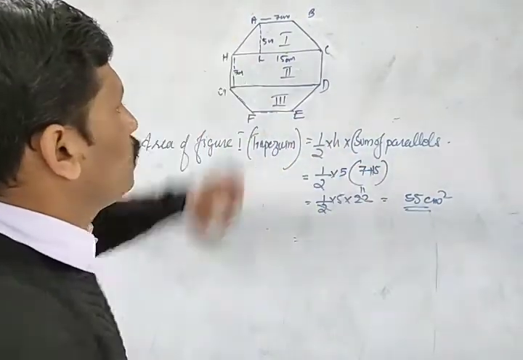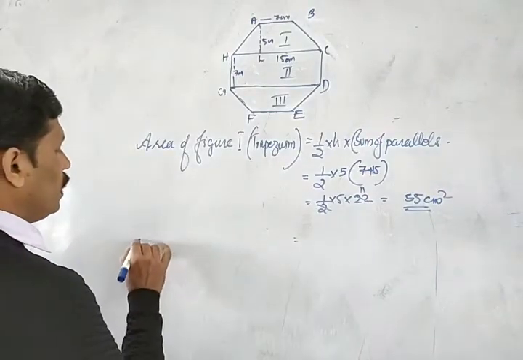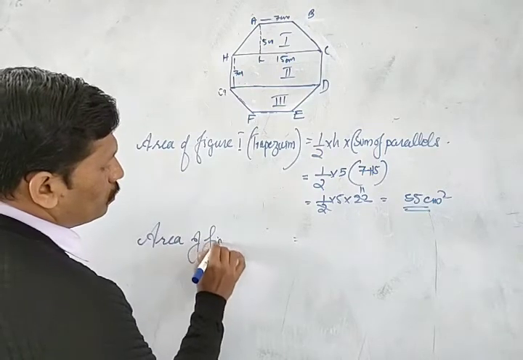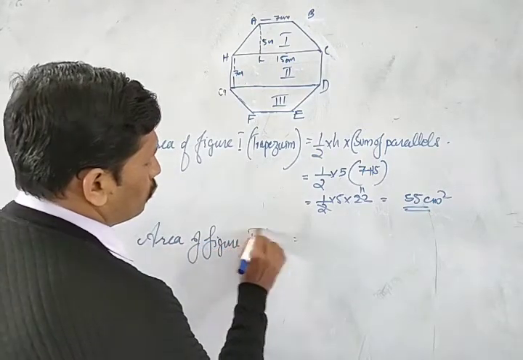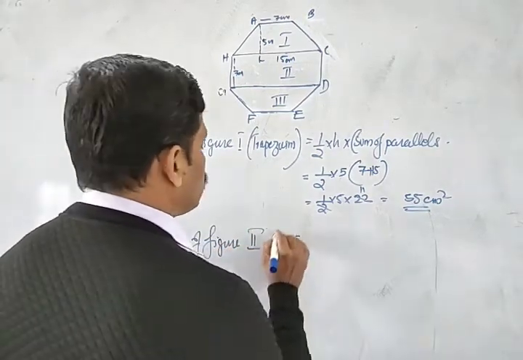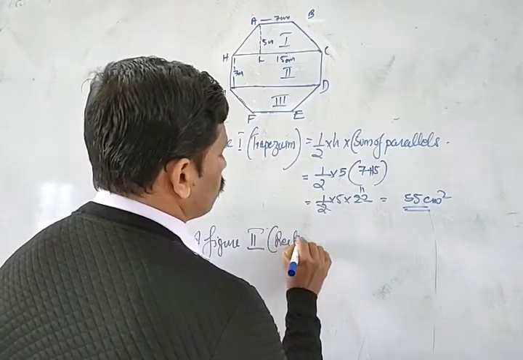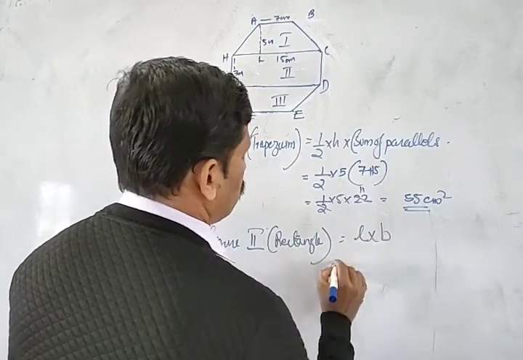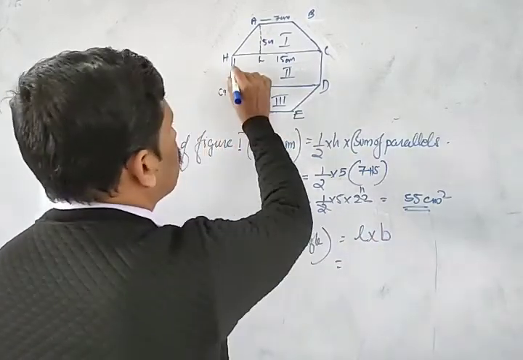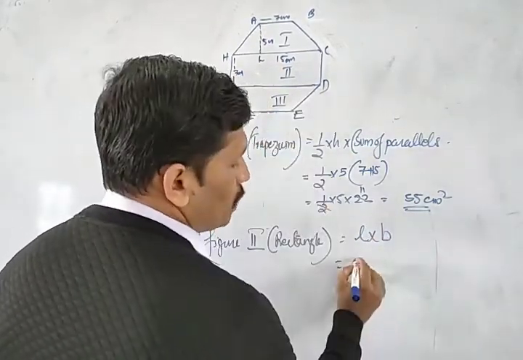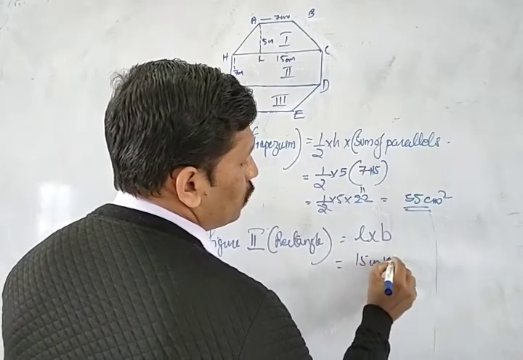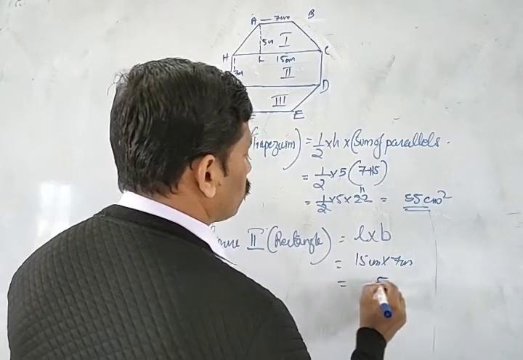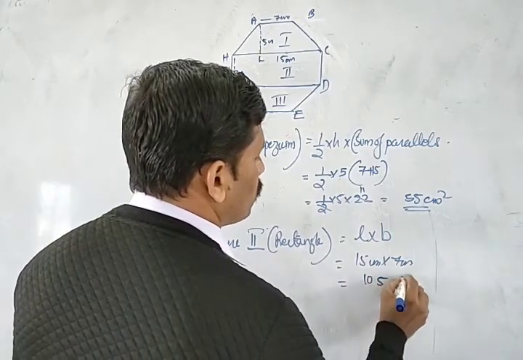Next, find the area of this rectangle. Area of figure 2. Figure 2 is a rectangle. That is equal to length into breadth. That means length is 15 and breadth is 7, that means 15 centimeter into 7 centimeter. That is equal to 105 centimeter square.